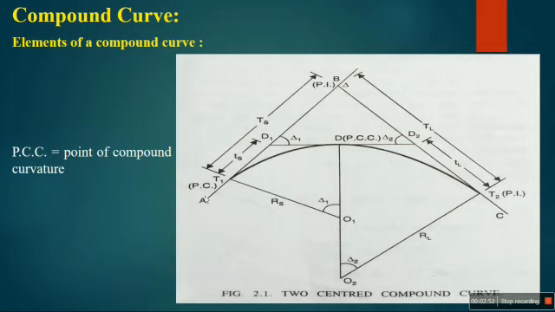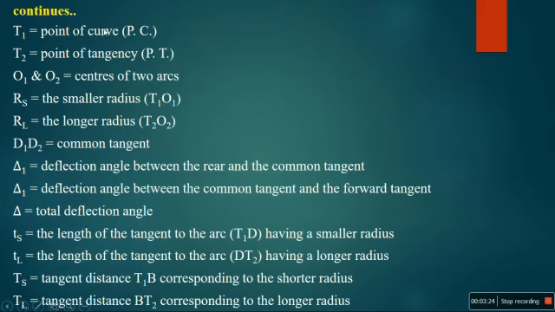As usual, T1 is the point of curve, T2 is the point of tangency. Next, we have to derive the equations for finding small ts, capital TS, as well as small tl, capital TL. These are the namings of the compound curve.